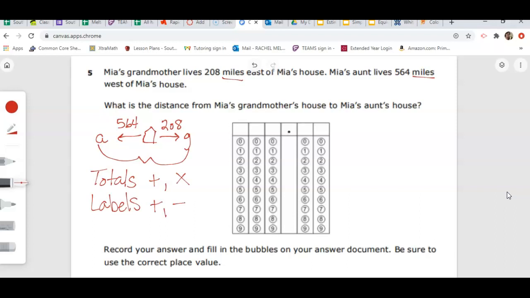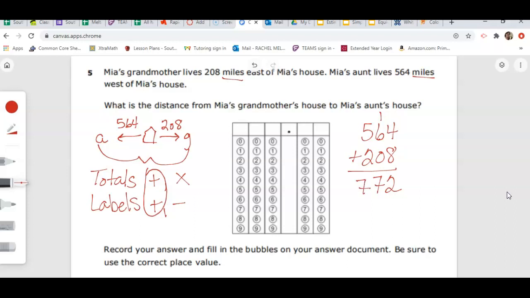So I can see that both of these have addition. So just like I saw with my picture, I've now proved to myself that I need to add. So I'm going to add 564 plus 208. 4 plus 8 is 12. 1 plus 6 is 7. And 5 plus 2 is 7.